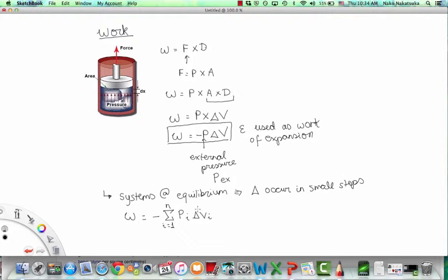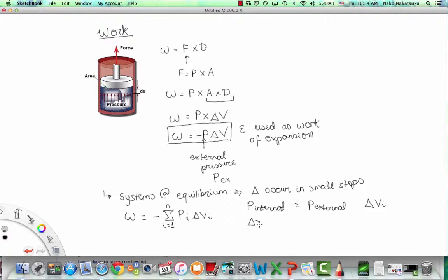If the system is at equilibrium, where the pressure that's internal inside of this container is equal to the external pressure, then the change in volume is infinitesimal. It's absolutely tiny. So the correct notation for such small changes is the derivative, or d.